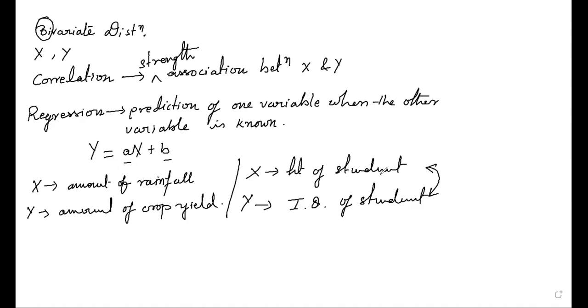So the correlation between them is zero; we can say they are uncorrelated. In the earlier case, we will get a strength: how much they are related, what the degree of association is, which we can find out using the measure of correlation. So these are the two words we have in the case of bivariate data or bivariate distribution: correlation and regression.